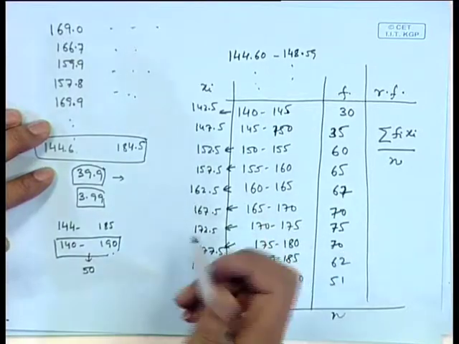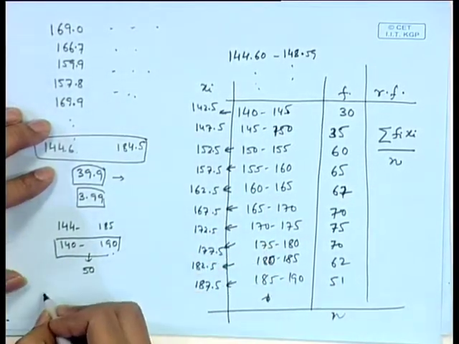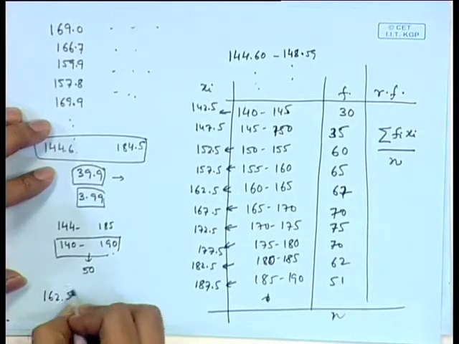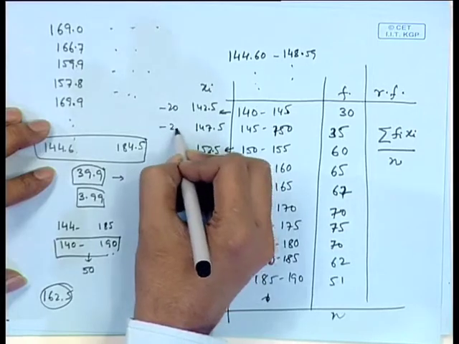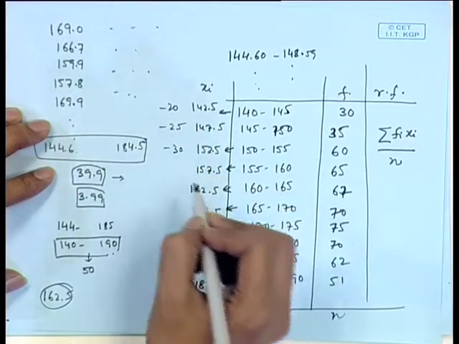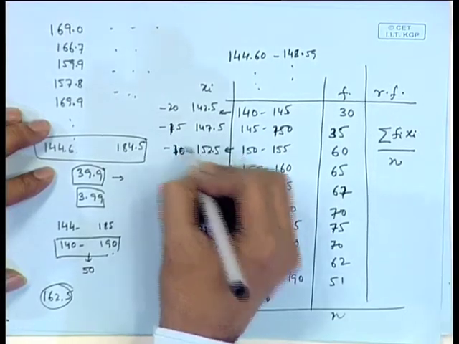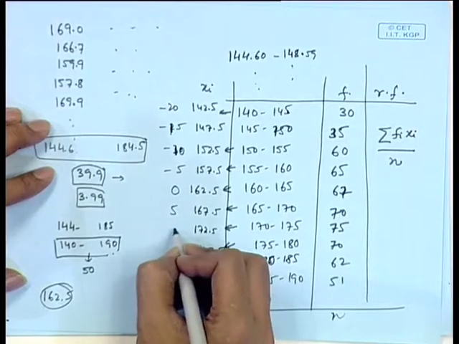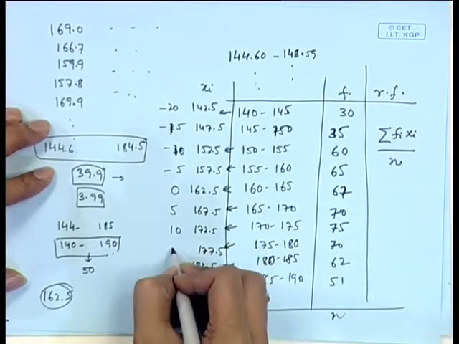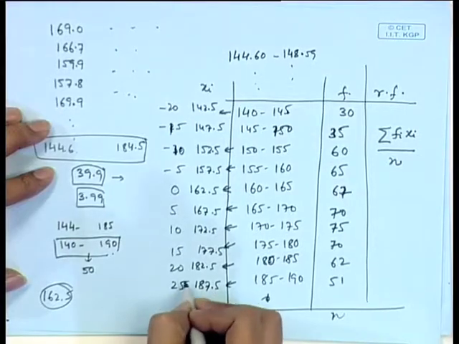What we can do is shift all the values by 162.5, then this will be minus 20, minus 25, minus 30, minus 15, minus 10, minus 5, 0, 5, 10, 15, 20, 25.